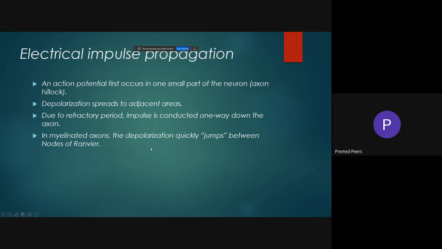So that's action potentials. Now what happens then? Well, there's a good photo in the Kaplan book that I forgot to include here, but basically we start this process somewhere near the cell body in the axon hillock, the beginning of the axon. The cell membrane is becoming depolarized.